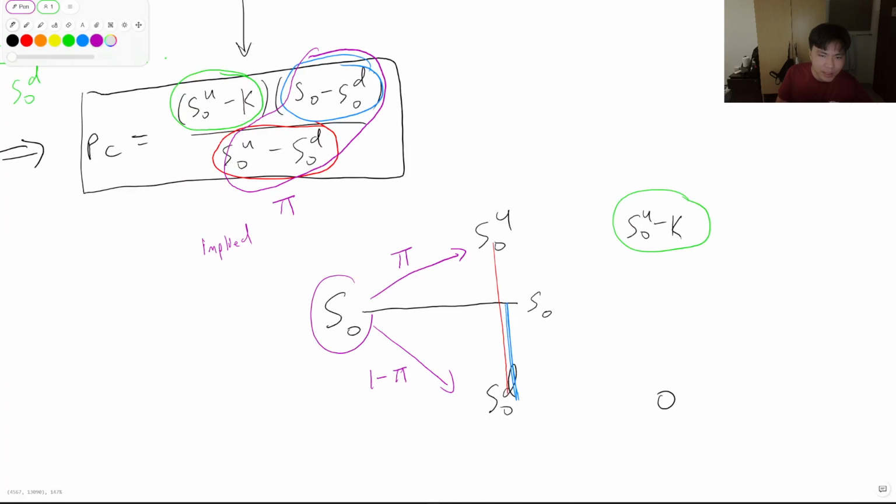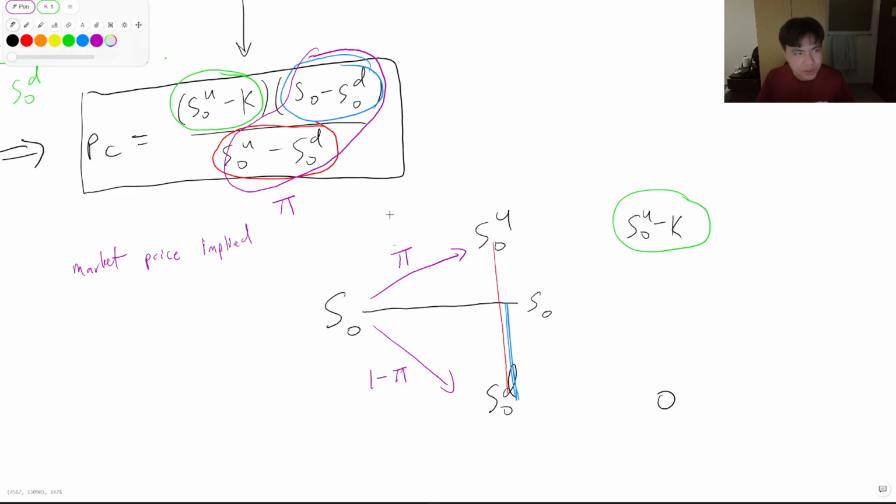So we looked at the market price S naught, and the market price implied that the uptick has a probability of pi. This is the probability that will give zero EV if the parties were risk neutral.